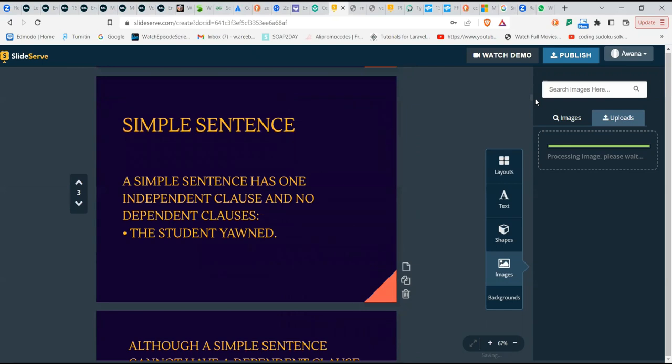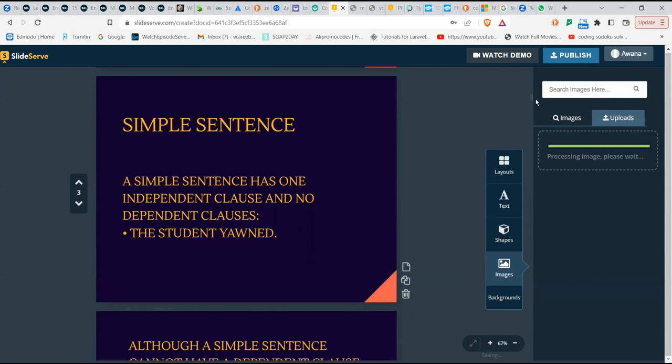What is a simple sentence? A simple sentence has one independent clause and no dependent clause. Okay, we had just covered what an independent clause is. Any sentence that makes sense on its own is an independent clause or an independent sentence. And what is a dependent clause?